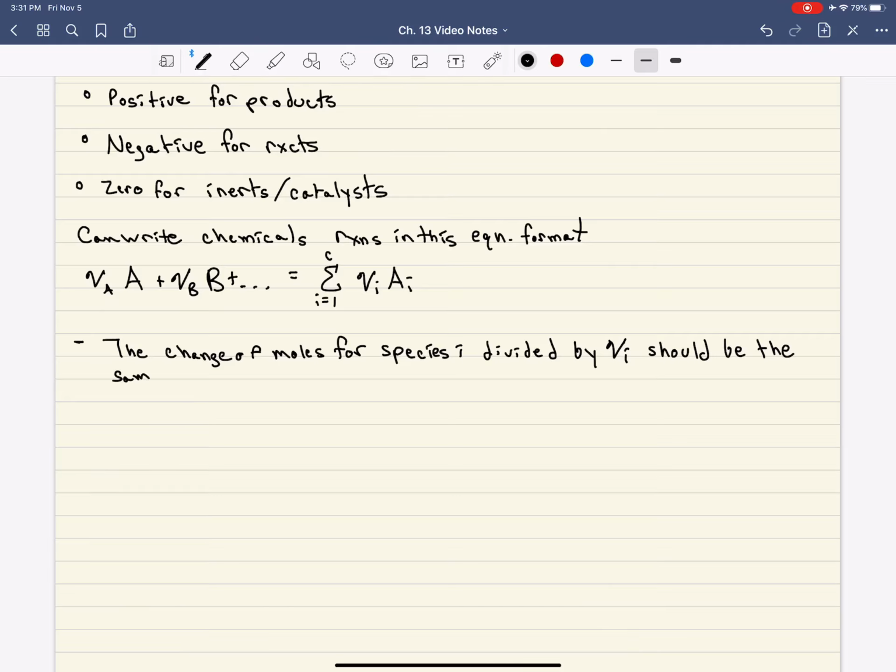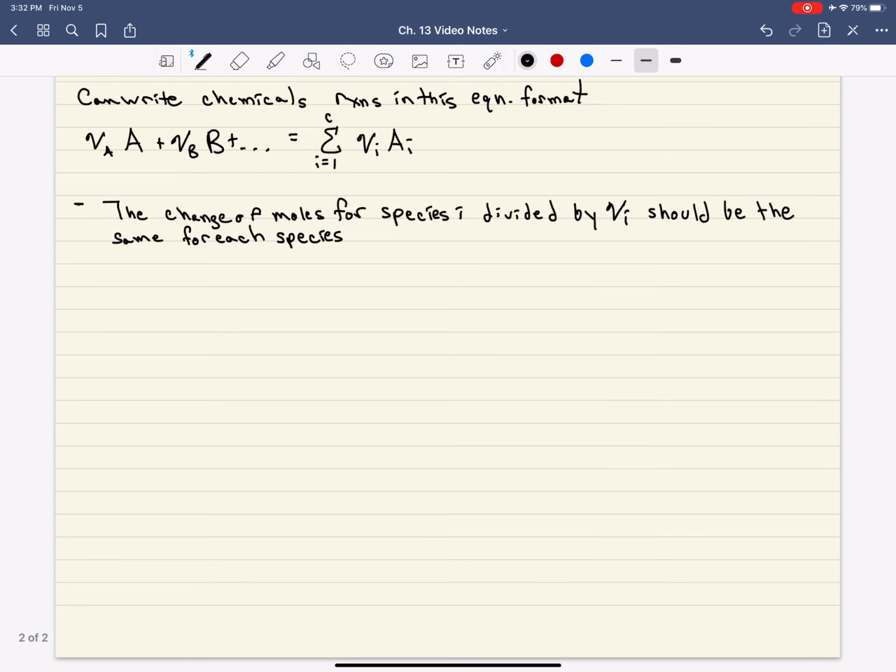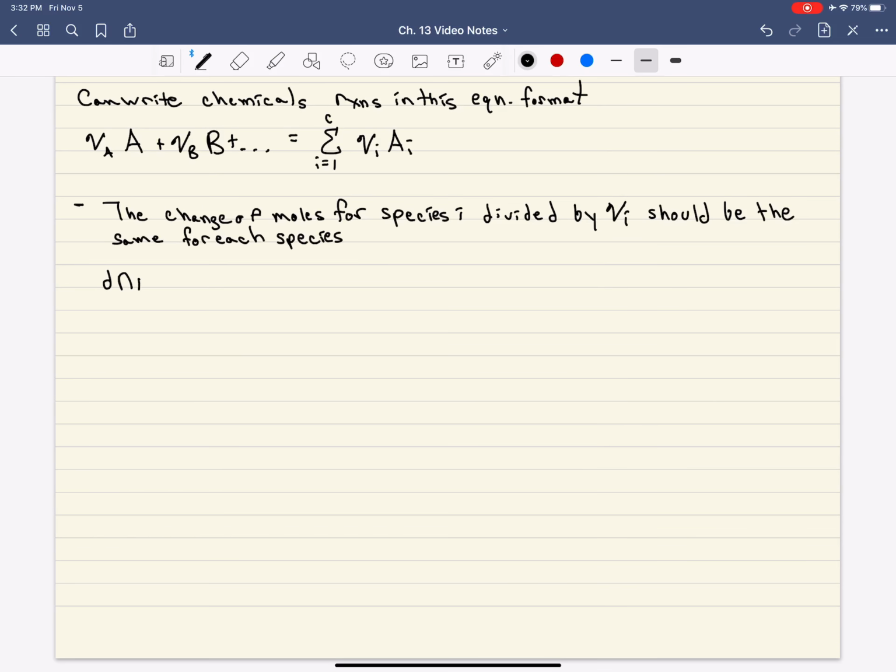So for instance, dNA over nu A should be the same as dNB over nu B, which should be the same as dNC over nu C, which should be the same as dND over nu D. All right, and so all these ratios should be the same.